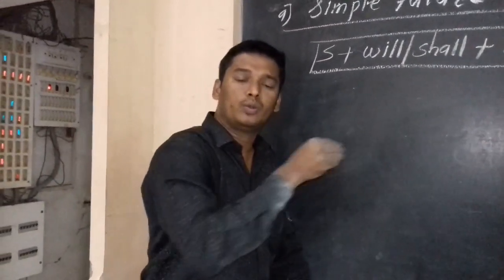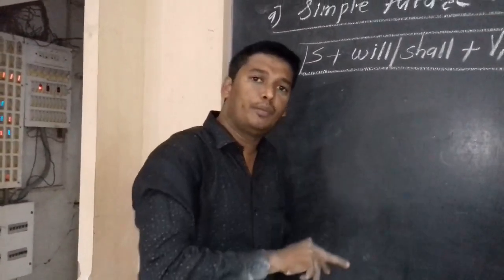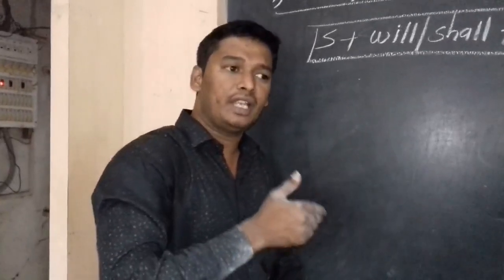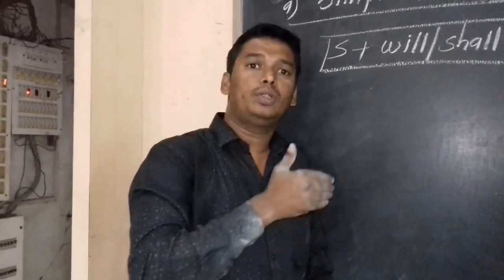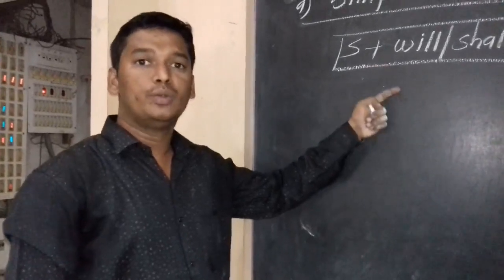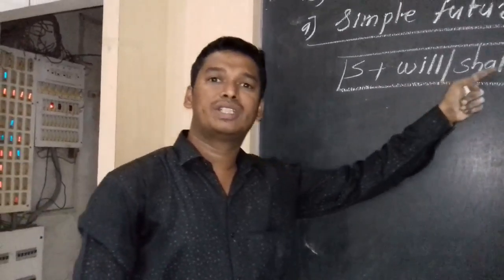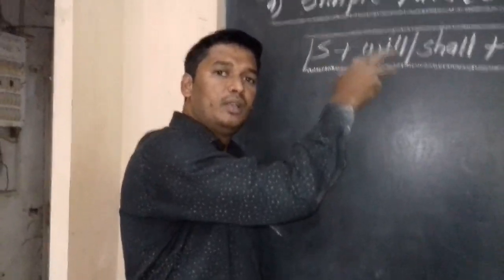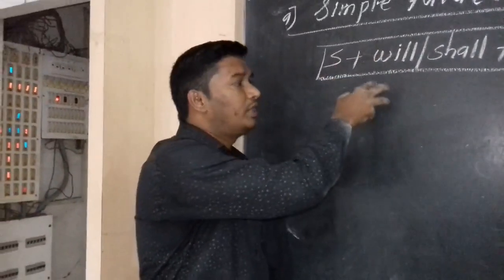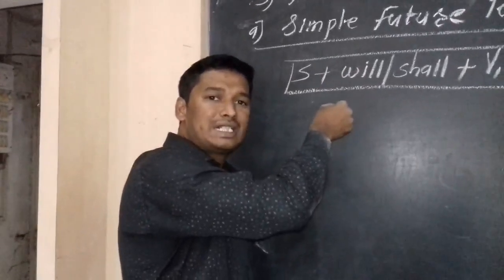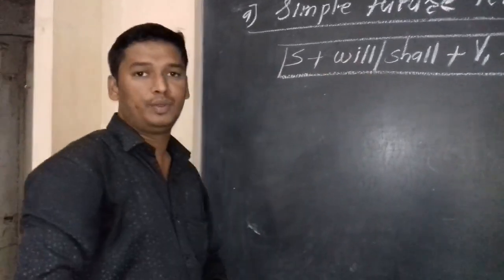If you have noticed the structure of simple present and simple past, we don't use auxiliary verbs there, but in simple future we use will or shall as auxiliary verbs. It is a big difference between simple present, simple past and simple future.